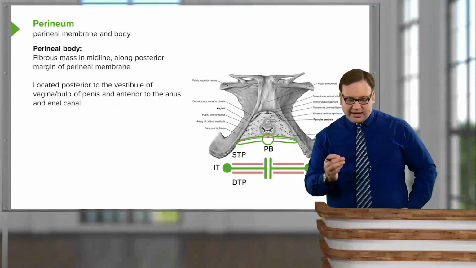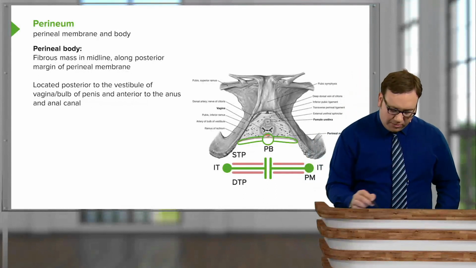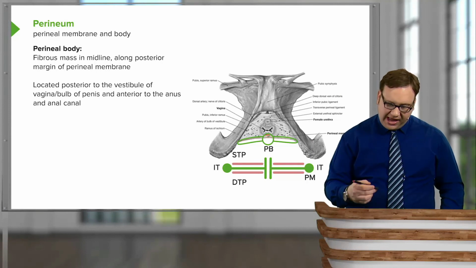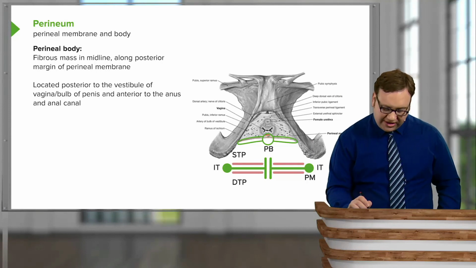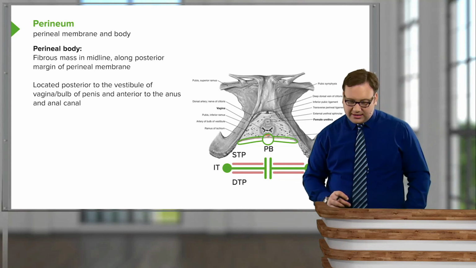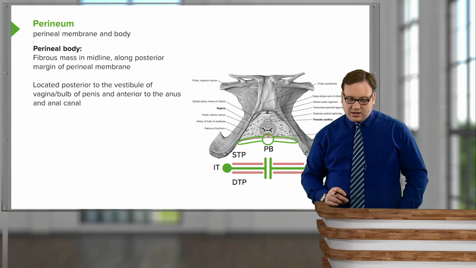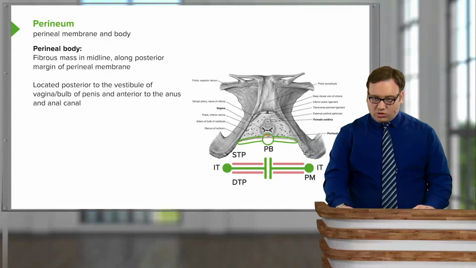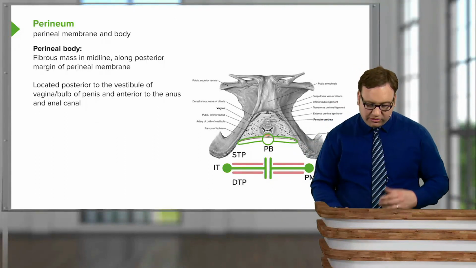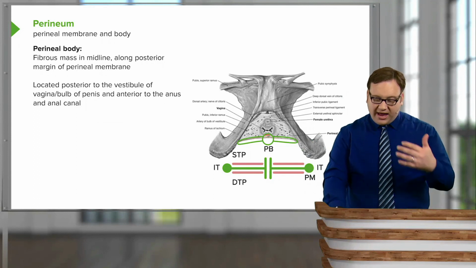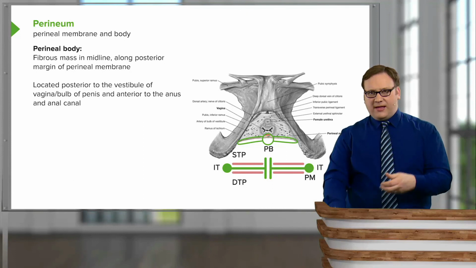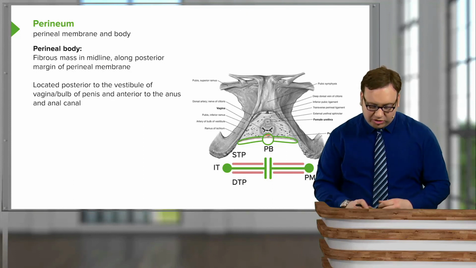It's in the midline, and our perineal muscles converge into it. More posteriorly, we then find the anus. Located posterior to the vagina, or the bulb of the penis if we are in the male, we would then find the anus and the anal canal. And the perineal body is positioned between them.